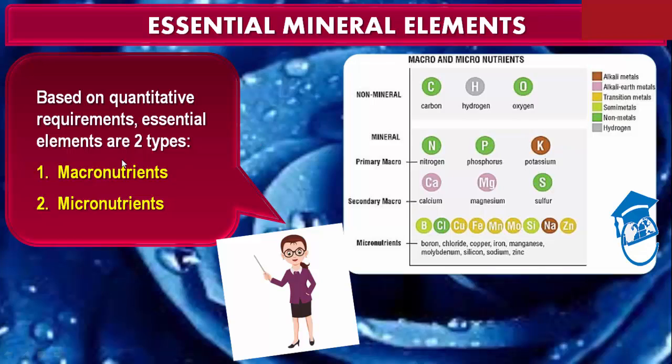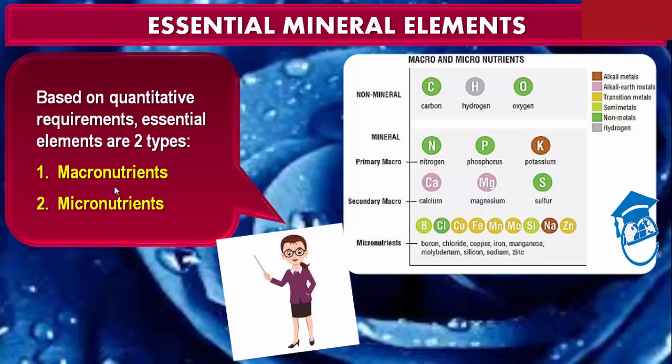Macronutrients are generally present in plant tissue in large amount, as the name suggests, macro. That means they are present in plant tissue in excess of 10 millimole per kg of dry matter. They include carbon, hydrogen, oxygen, nitrogen, phosphorus, sulfur, potassium, calcium and magnesium.